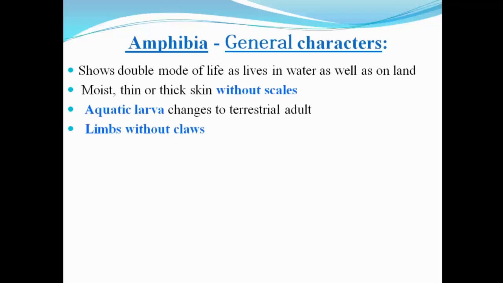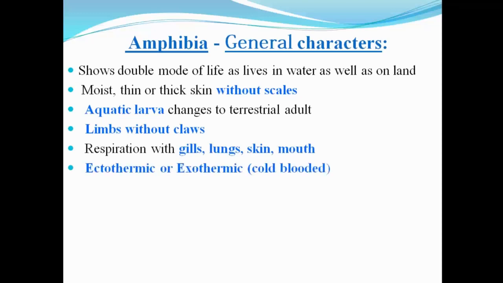They carry paired limbs, but their digits are without claws. The amphibians perform respiration with their buccal cavity or mouth. They are cold-blooded animals and can adjust their body temperature to the temperature of their surroundings.